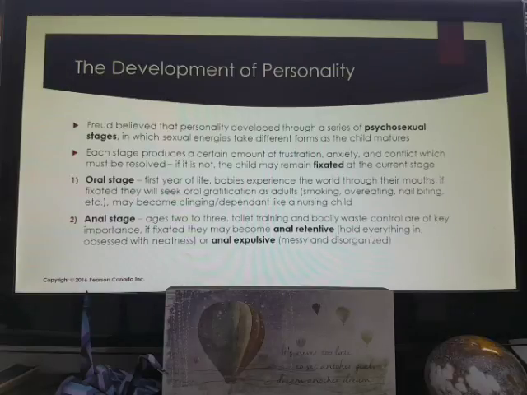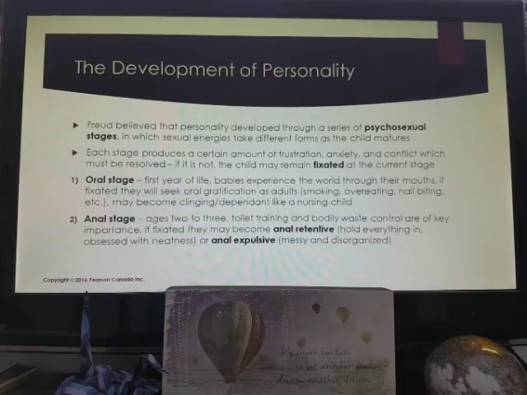You'll see right away, if you look at the very first stage here, the oral stage, you've probably heard the term oral fixation before, right? That's where this comes from. It's basically saying that if during the oral stage of development the child was unable to remedy the conflict that occurred, they may remain fixated at that stage and later on in life have an oral fixation. The first stage, the oral stage, occurs during the first year of life. During this time, babies experience the world through their mouths.